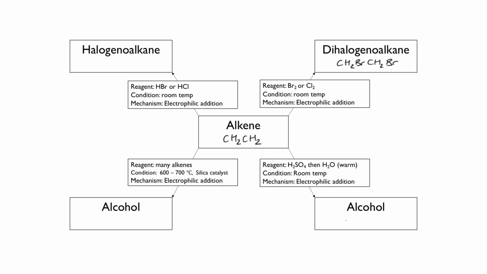Ethene can also be used to make an alcohol, CH3CH2OH, ethanol. You use H2SO4, then warm it with water, and that's the hydrolysis part. But the first part is just an electrophilic addition reaction. This shouldn't say alcohol, this should say polyalkene. The conditions for that are a high temperature and pressure and a catalyst, and it's not electrophilic addition, it's a polymerization reaction.